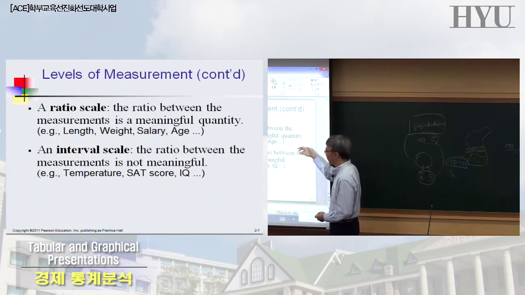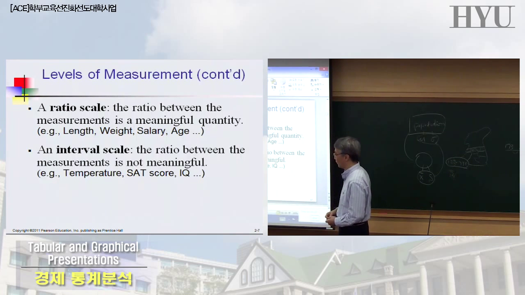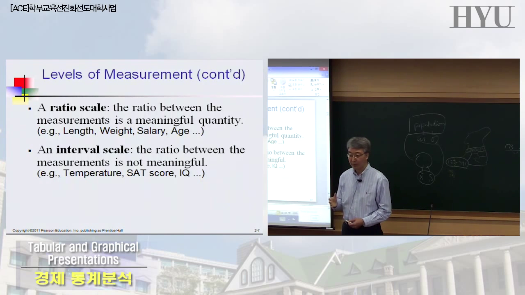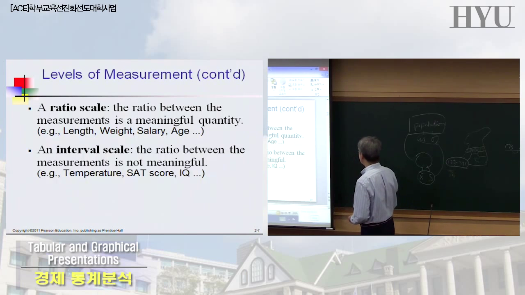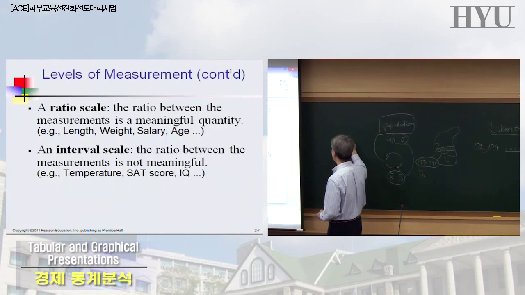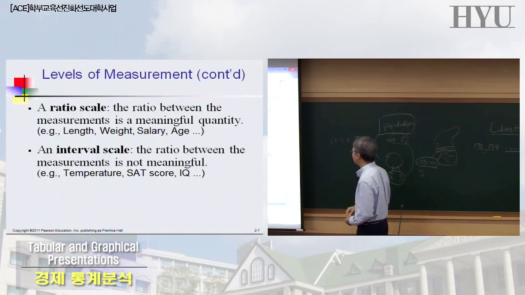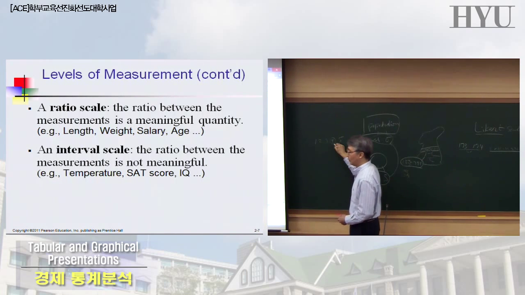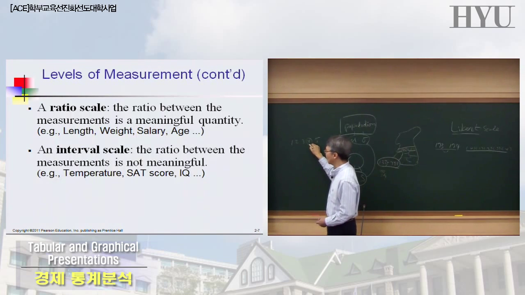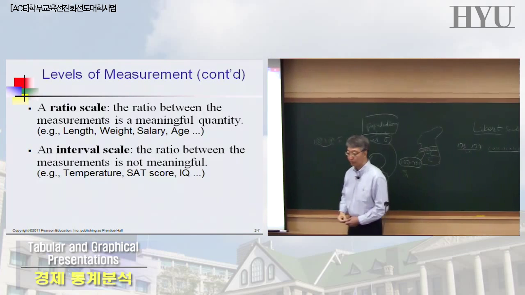But you have to understand this in order to make a distinction between the ratio scale and interval scale. Ask yourself whether the ratio makes any sense in that number. So if you have 1, 2, 3, 4, 5, if you have 4 in this number, does that mean this is twice as good or twice as heavy or twice as long as the number 2?